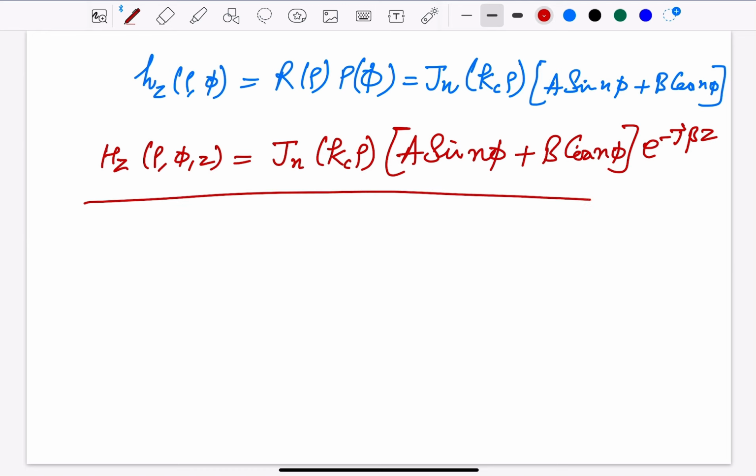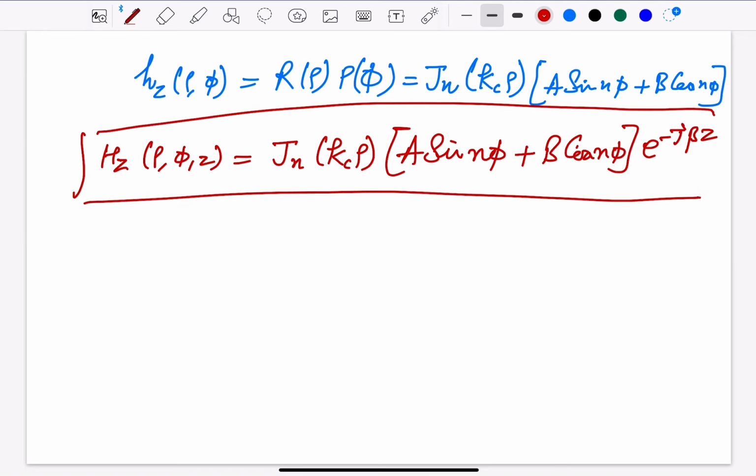So right now we have Hz here, and if you recall from the last class, we can write down all the transverse components in terms of the longitudinal component. So yes, now we have sufficient information to get the things, but before that let us talk about the boundary condition.